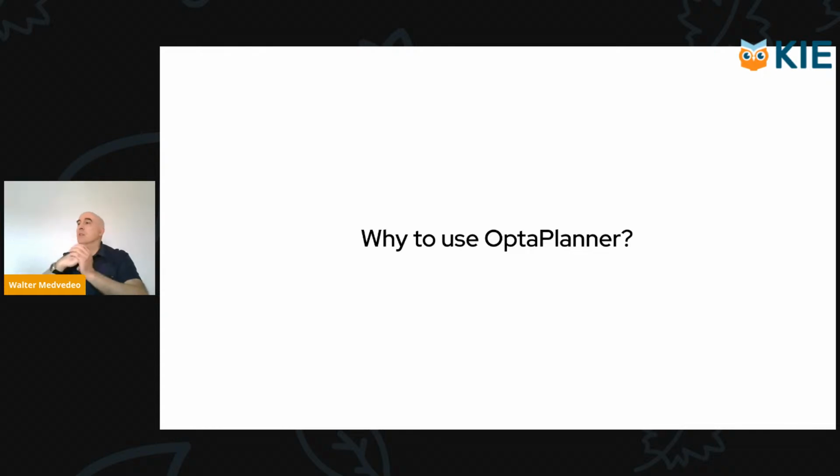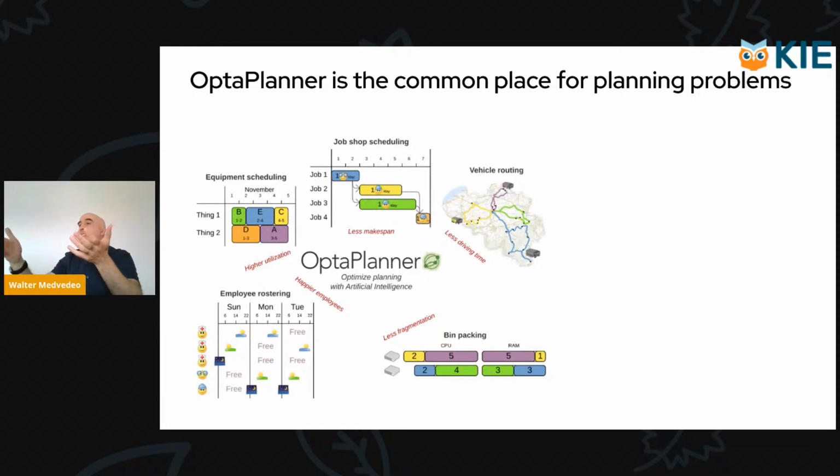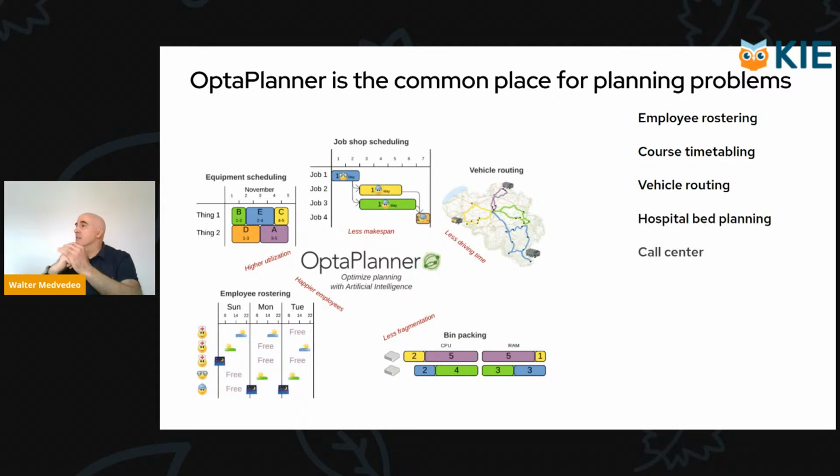So the next question is, why use OptaPlanner then? Well, the answer is quite obvious. OptaPlanner is a well-proven technology. It has been out there for years, and we have many customers and users working on different optimization problems who are using OptaPlanner successfully. The list of use cases that we can tackle with OptaPlanner is huge, right?